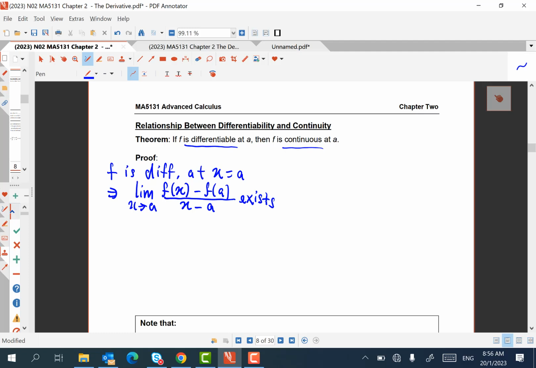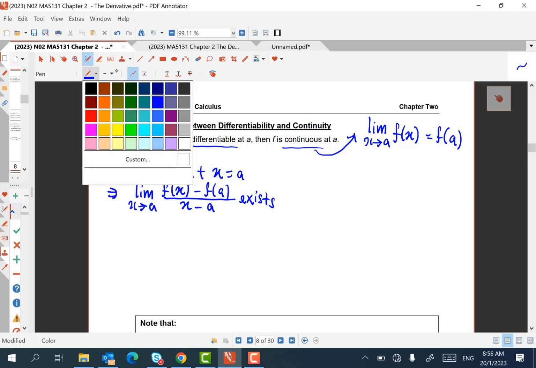And then using this result, we want to establish that it is continuous. To establish that it's continuous, basically I need to establish that this is the case. So you understand that from the first blue to the second blue is where we want to write down the proof.